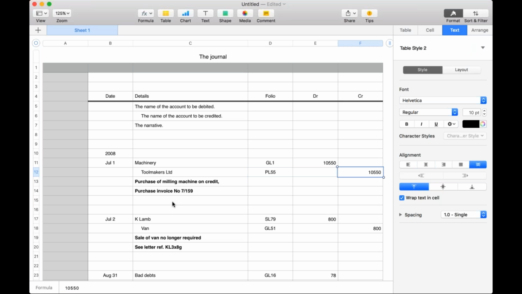I was going to say that's the double entry, but it doesn't mean the double entry is completed once we've done the journal. Once we've done the journal and we're happy with it, we then go and post it into the double entry accounts. And as you'll see underneath here, I've got a little narrative: purchase of milling machine on credit, purchase invoice number 7/159.